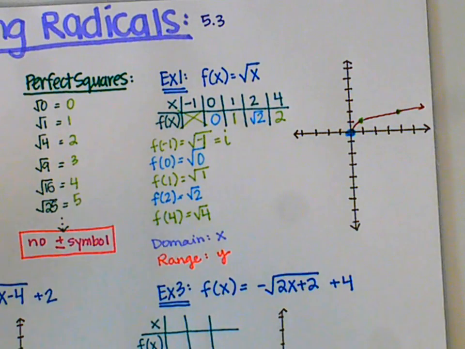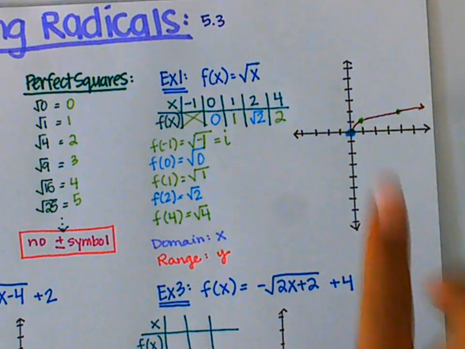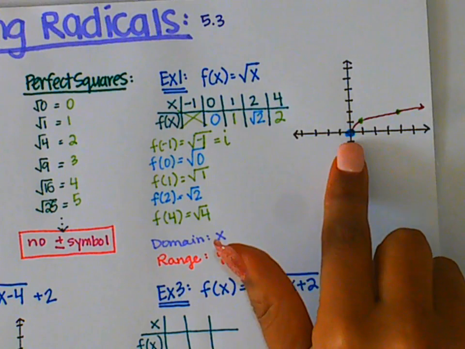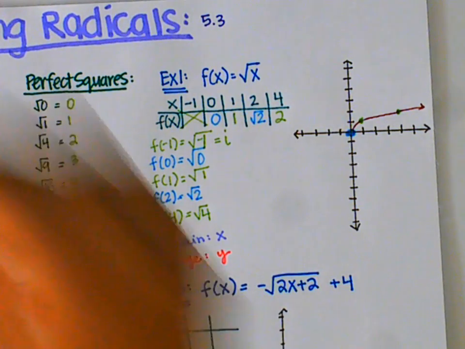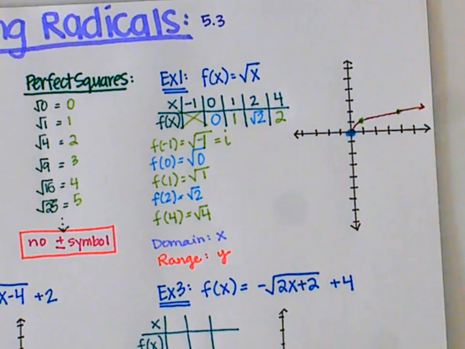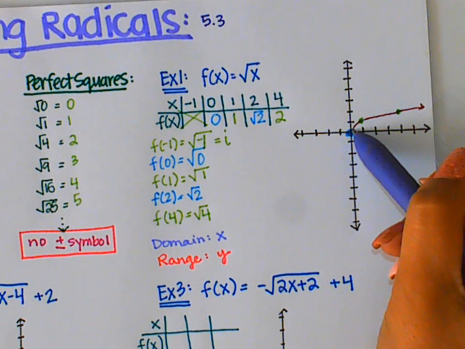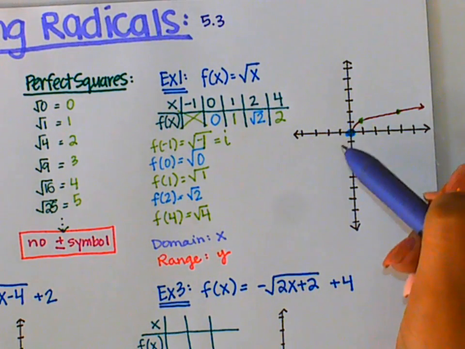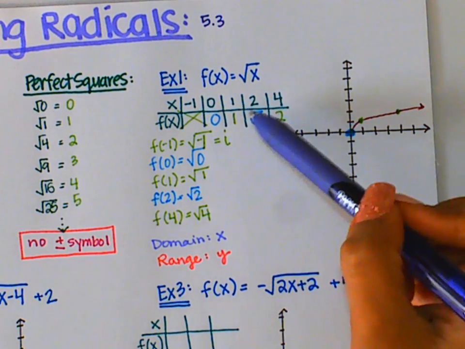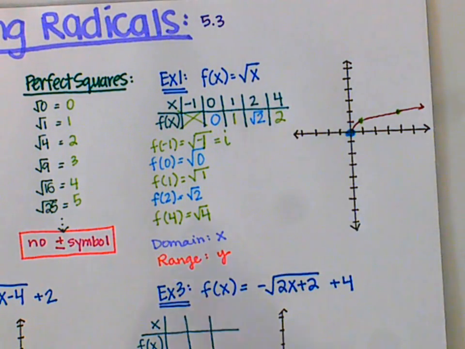Now, when I look at this to determine my domain and range, I want to focus on one point in particular in my graph, and I'm going to call it my vertex. It's going to be this point right here, the point where it kind of starts. Sometimes when you create your table, you'll have to make sure that that is that point.